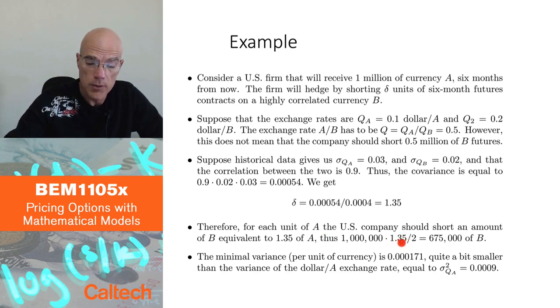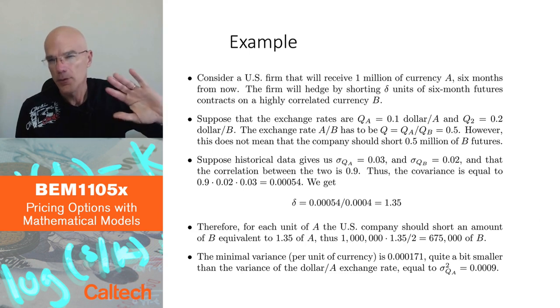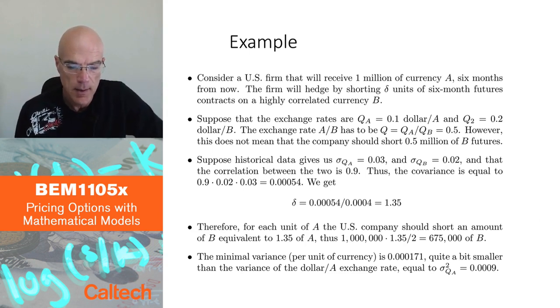But because of the exchange rate, this would be over 2. The value of this in terms of futures contract on currency B, I have to divide by 2 because of the current exchange rate, and therefore that would be 675,000 units of futures on currency B.